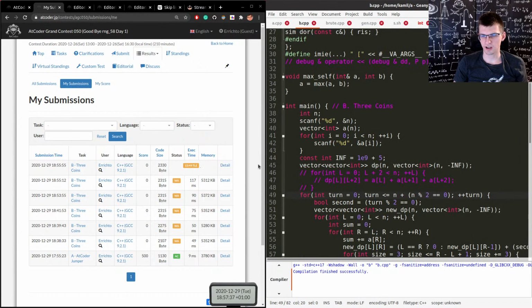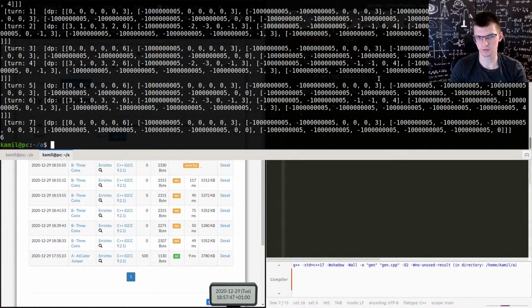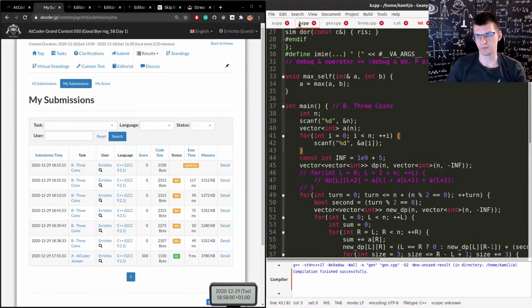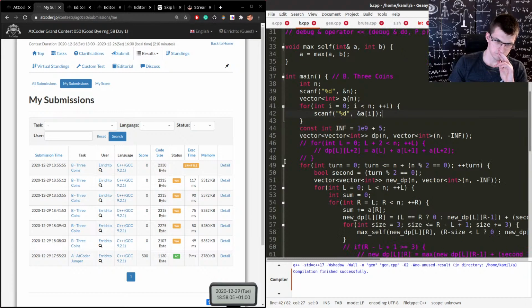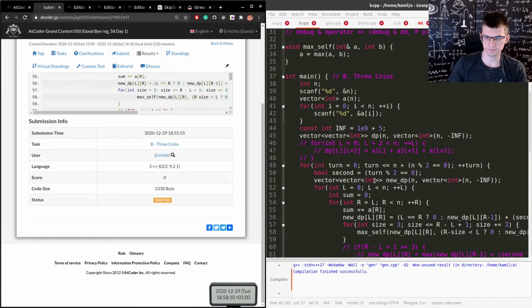Right, the tests are big. I want to know if this ever fails if I increase n. I should have added something like assert n is up to 200.